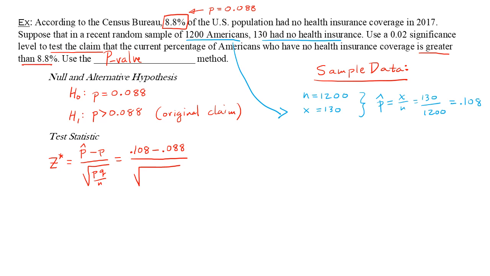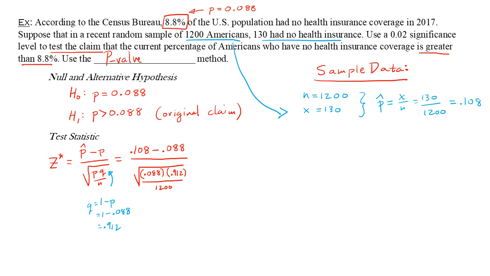And then the square root of, now we're using PQ, so P would be the value that we're claiming here. Q, let's remember, is going to be 1 minus P, not P hat, just 1 minus P. So it'll be 1 minus 0.088, and that gives me 0.912. And divided by our sample size, which was 1,200.